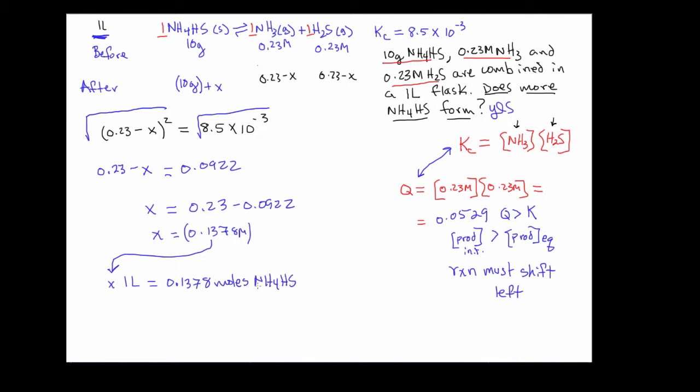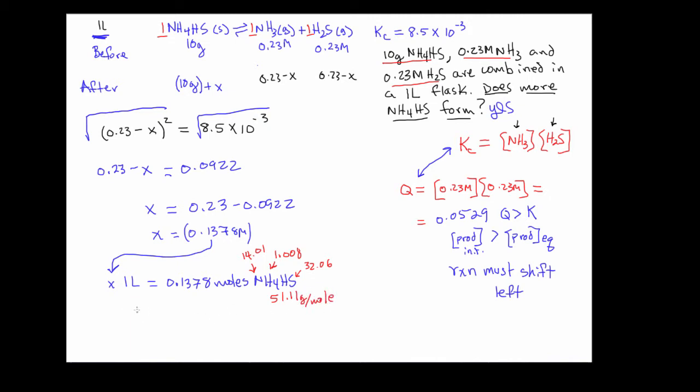Now, we need the molar mass of the NH4HS in order to get to grams. So the N has a molar mass of 14.01. There's 5 hydrogens at 1.008 per hydrogen atom. And then the sulfur is 32.06, for a grand total of 51.11 grams per mole.